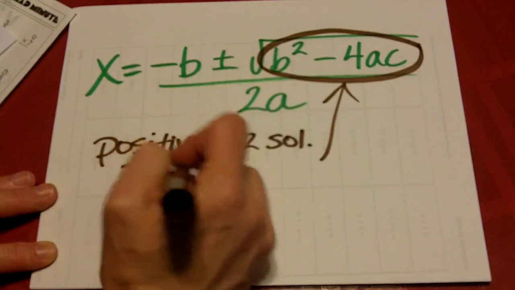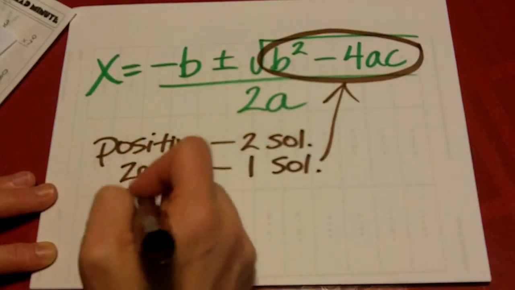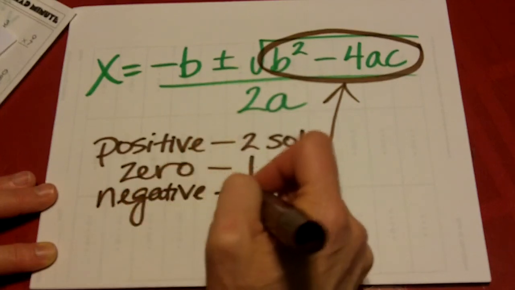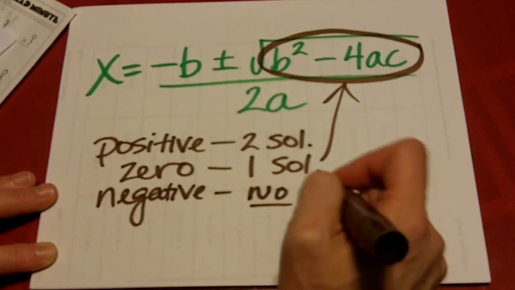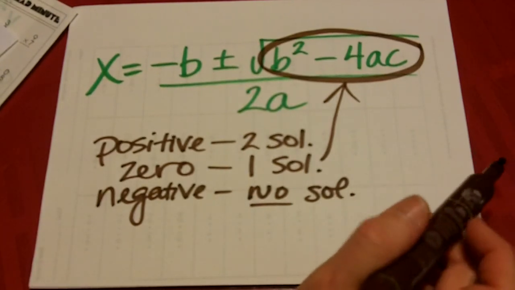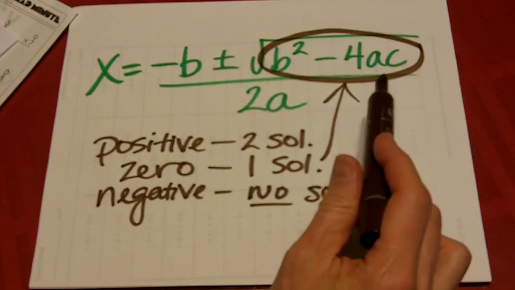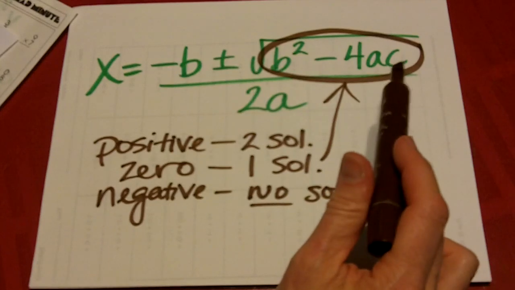If it equals 0, then you only have one solution. And if you get a negative number, you have no solutions. Okay? 3 possibilities. You're not finding what x equals here unless your book tells you to continue and go ahead and solve for x. But the discriminant simply tells you how many answers you have.